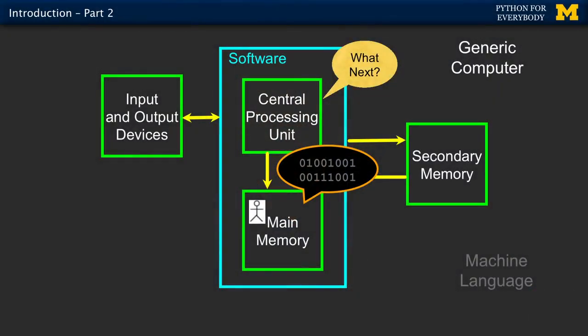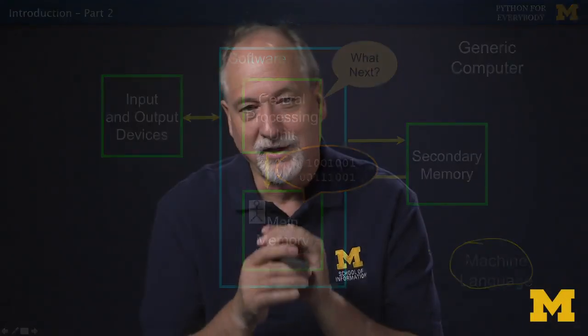Now it turns out that the instructions this central processor uses are a series of zeros and ones. Like I said, 32 zeros and ones or 64 zeros and ones are fed in simultaneously for each of the instructions. We use a language called machine language. I would love someday to teach you machine language, but we don't have time right now. That's more moving towards being a computer scientist. Basically, we don't have to worry about that too much.